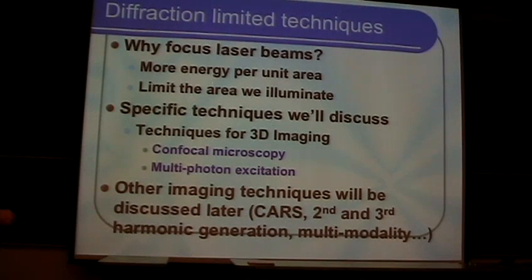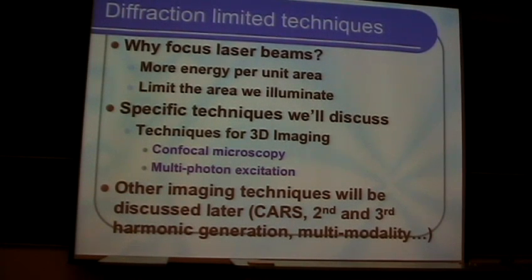I would like to give this outline of my lecture today. I'll talk about different types of imaging techniques, and in particular confocal microscopy and multi-photon microscopy. In both of those imaging approaches, we use tightly focused laser beams, and this allows us to achieve several different goals.